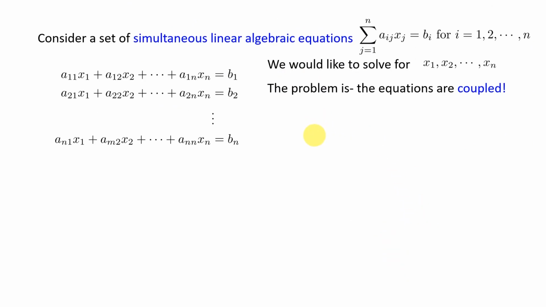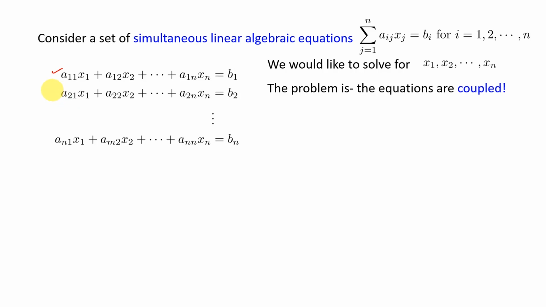Consider a set of linear equations: a11x1 plus a12x2 plus a13x3 etc. up to a1n xn equals b1, that is equation 1.